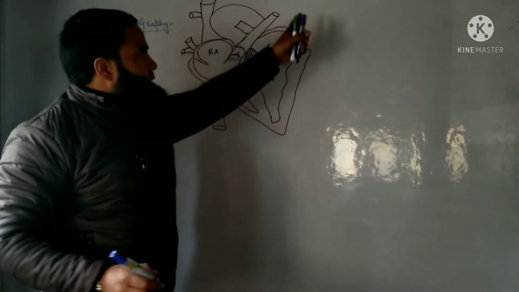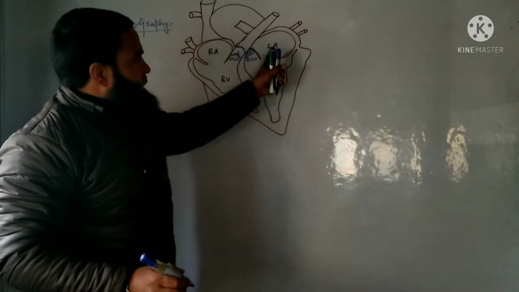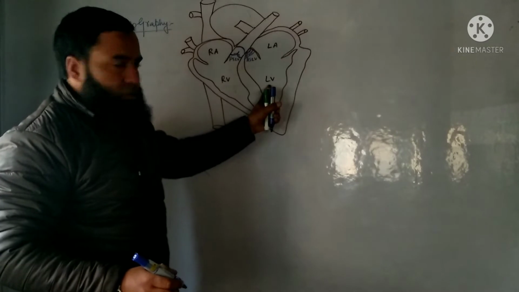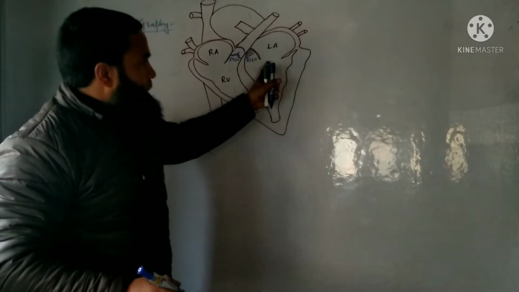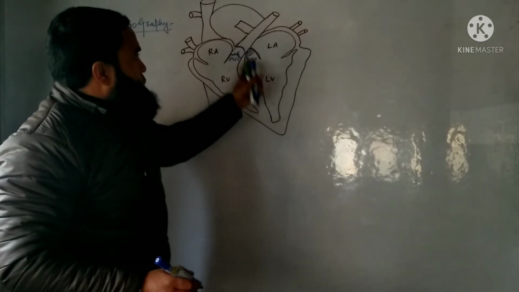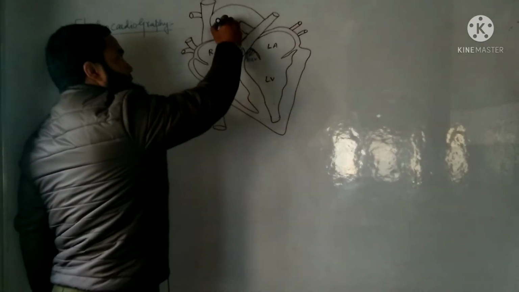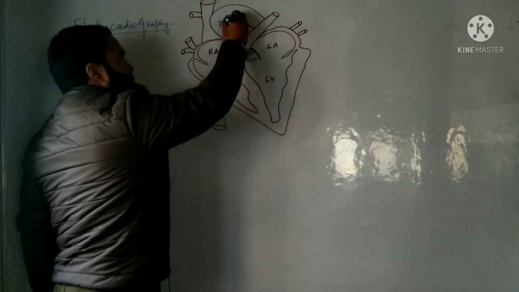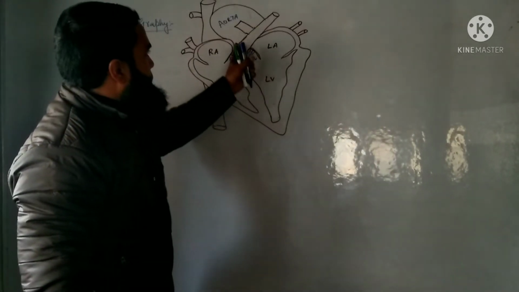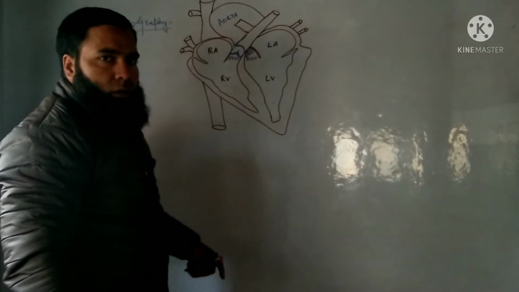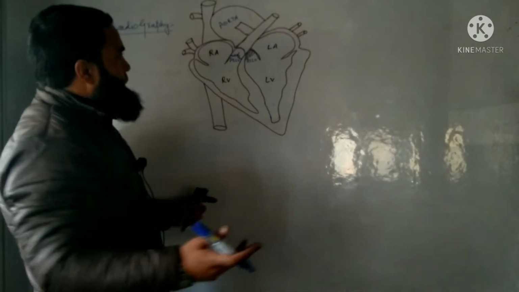Blood comes from the lungs, enters into the left atrium. From the left atrium, it goes into the left ventricle by means of the bicuspid valve, also called the mitral valve. And from the left ventricle, it goes into the main aorta through the ASLV, aortic semilunar valve, and goes to all tissues of the body.